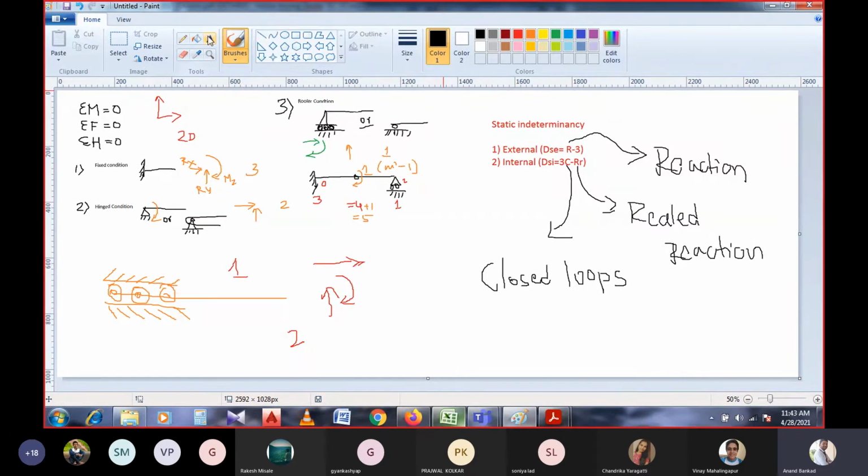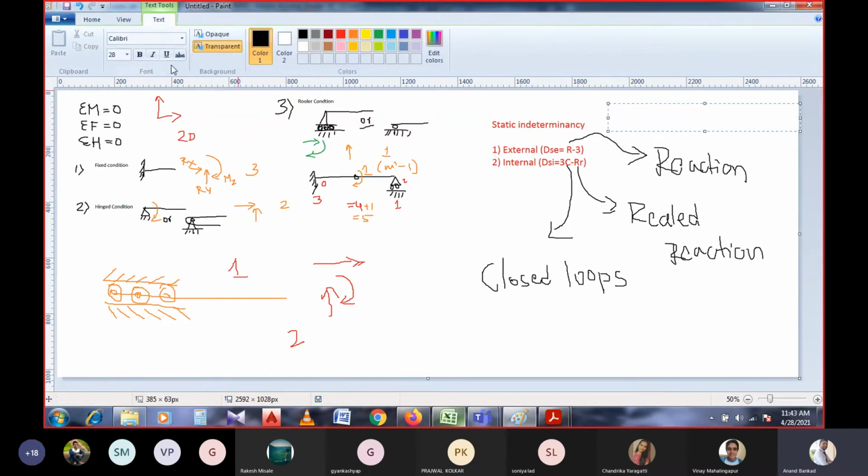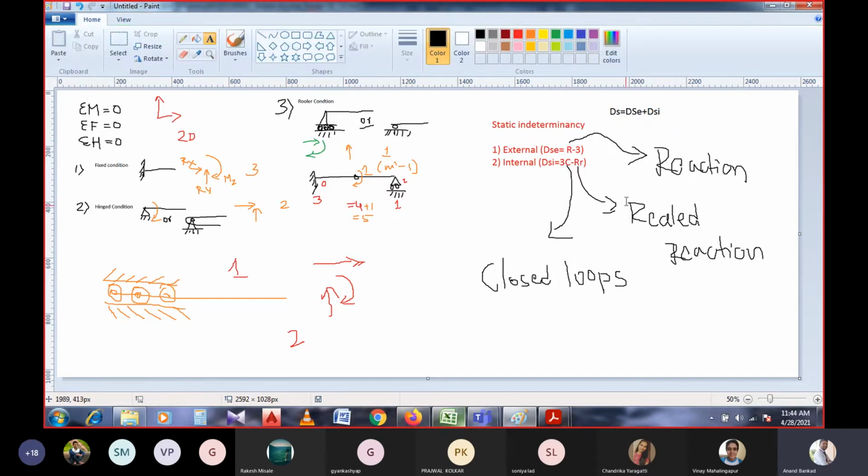To calculate the total degree of indeterminacy, DS equals DSE plus DSI. That means the total statical indeterminacy is the sum of the external as well as internal indeterminacies. Is that clear?